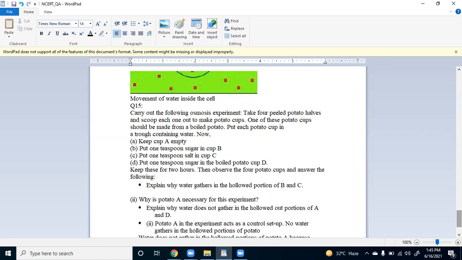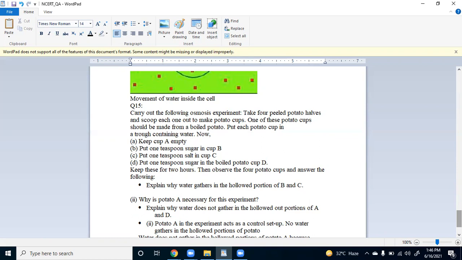We can see there is no change, or you can think of it as an isotonic solution, so there is no net movement of water. You cannot see any osmosis in cup A, while cups B and C behave like a hypertonic solution, so water will gather in the hollow portion.